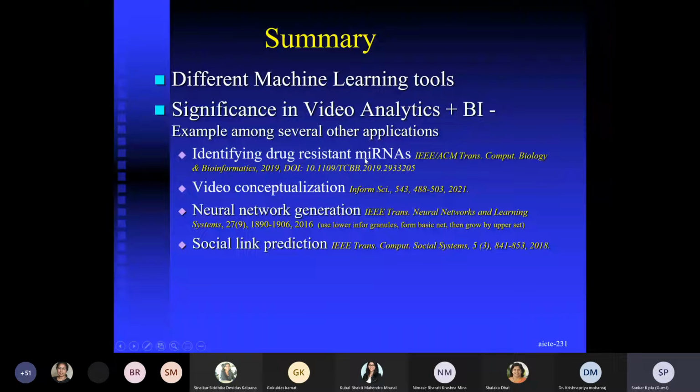Video conceptualization. There is IoT. That means some patients you are monitoring, for example, in Singapore, and you are monitoring an old person's ECG. Suddenly, if there is a change in the ECG, that will give a signal to you remotely, and then you can supply the medication from India.